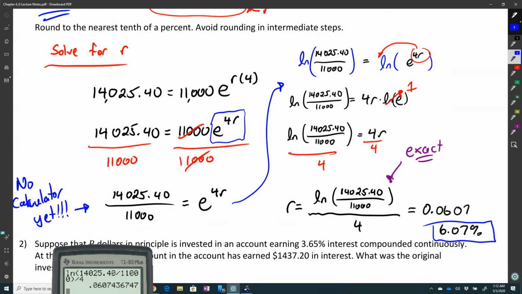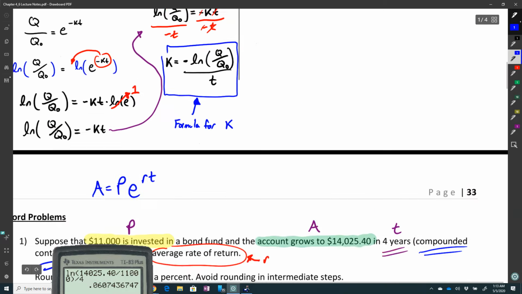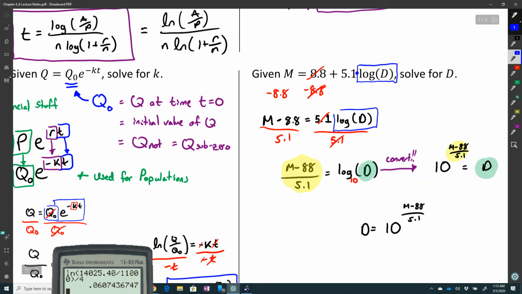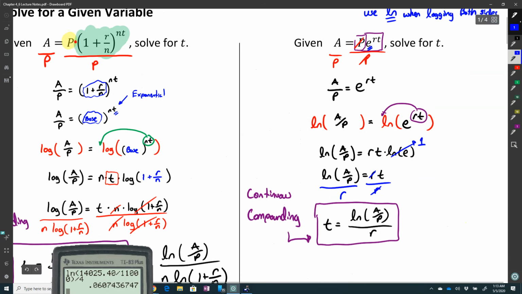All right, I want you to notice how solving this was exactly the same as solving this one up here. All the steps were exactly the same. And notice that the formula, ln of a over p, divided by r. Well, r and t are next to each other, so instead of dividing by r, I just divided by t.